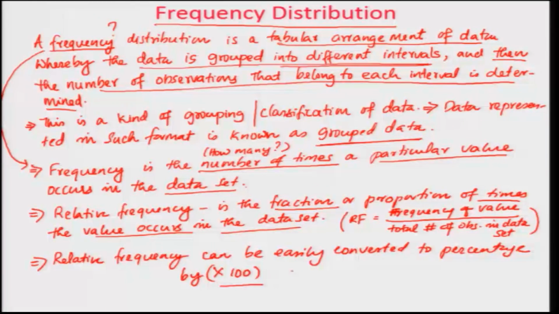Because it is a fraction or proportion, you can multiply it by 100 and easily find what percentage of the total data set this particular data value occupies. So, we have seen what relative frequency is, what frequency is, what a frequency distribution is, and what grouped data is. So, this many concepts we have covered in this particular aspect.